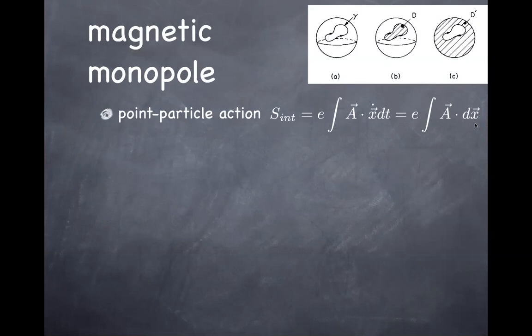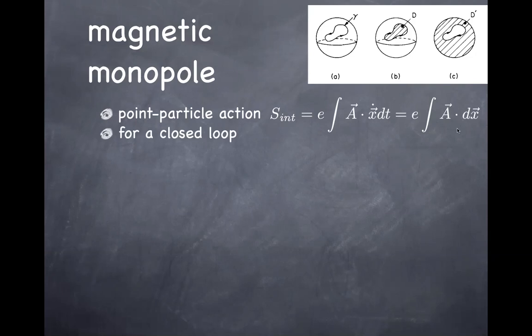When you surround a solenoid with a constant magnetic field inside, the wave function picks up a phase according to this line integral. So even in the space where the magnetic field doesn't exist, the vector potential does exist, and you pick up this line integral for a quantum mechanical wave function, and therefore you change the interference pattern, and that's the Aharonov-Bohm effect. So the fact that the point particle action is a line integral of the vector potential, I believe we have seen elsewhere before.